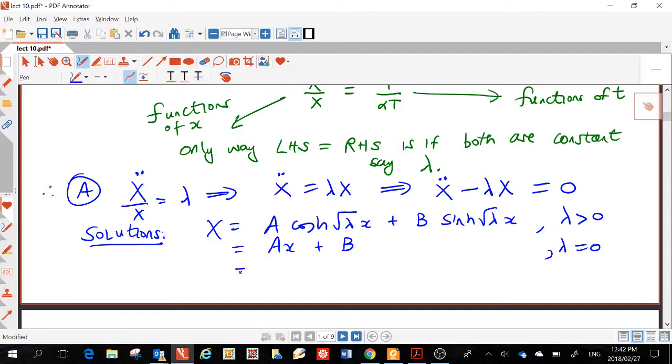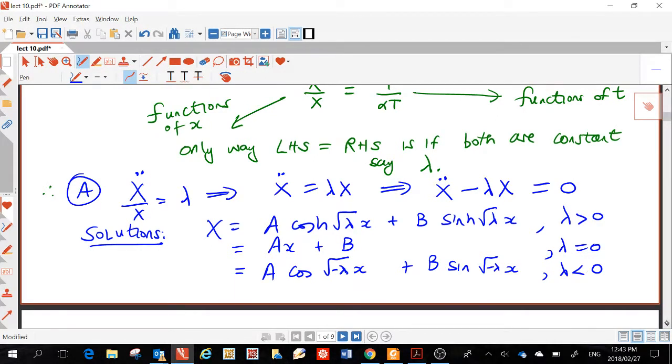Or the third prospect is you can have a cos root minus lambda x plus b sine root minus lambda x in the event that lambda is negative. So I discussed this at the beginning of the lecture, how to solve a differential equation in the second order. If I reduce it to an auxiliary equation, then effectively you can get these three possibilities. And that's the solution so far.